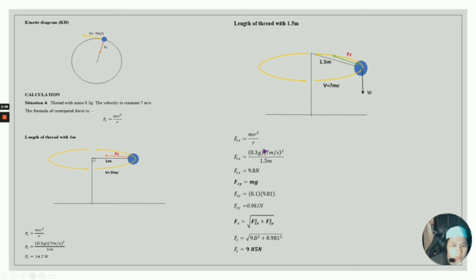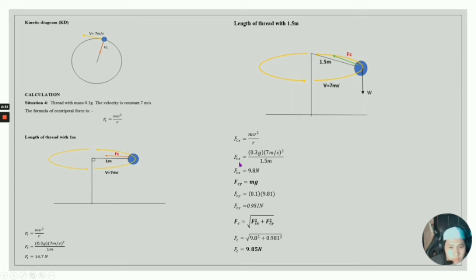Next is the calculation for the string with 1.5 meter. Same: 0.3 gram multiplied by 7 meters per second squared, divided by 1.5 meter, so we get 9.8 Newton.